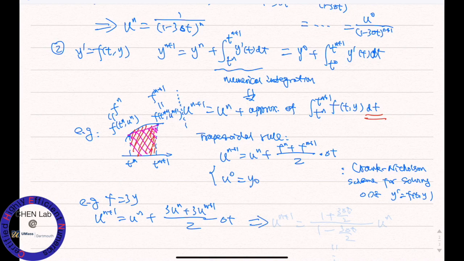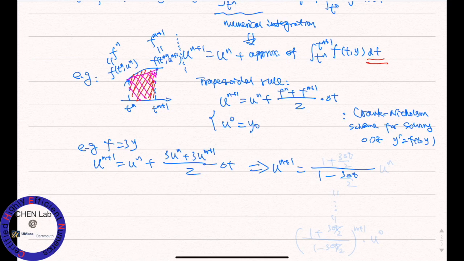Which means that we can simplify this. You move everything of u_{n+1} onto the left. The factor is 1 minus the coefficient in front of u_{n+1} on the right, so that's 3 delta t over 2. What remains on the right for u_n is 1 plus 3 delta t over 2 times u_n.